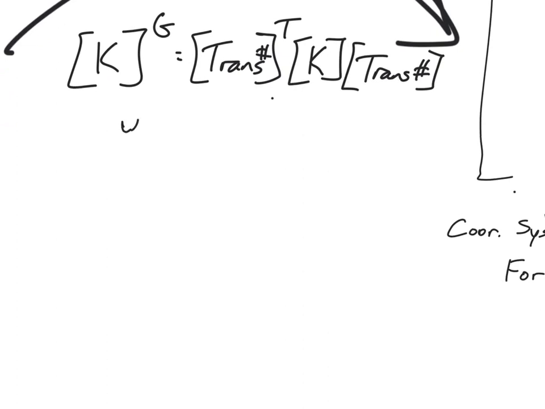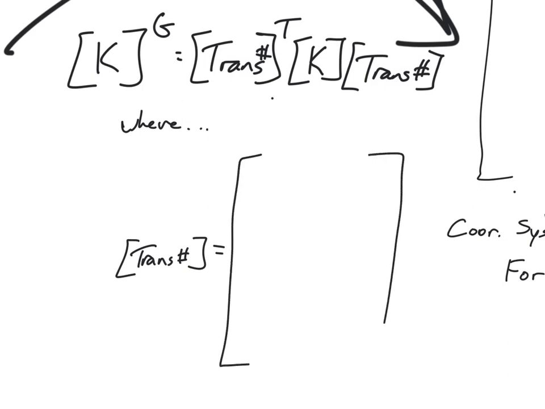So I'll say where trans number is equal to our 6 by 4. And so if we look at the first column, that's going to be our node I, the x component, the node I and the y component, node j x component, node j y component.